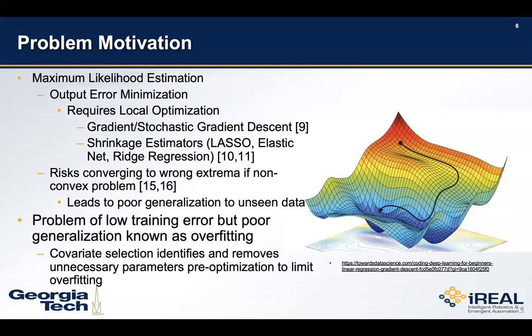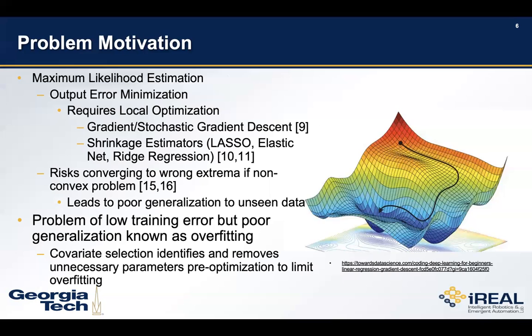It's a problem that arises where the training error can be very low, but it doesn't generalize well to unseen data, as either too many parameters are used or an incorrect set of parameters is identified from the training data, which causes the training error to appear low. However, when used over new data, the performance is unpredictable. This problem is what's known as overfitting.